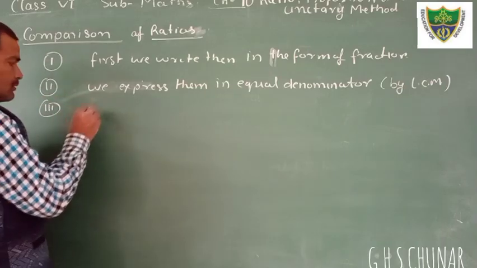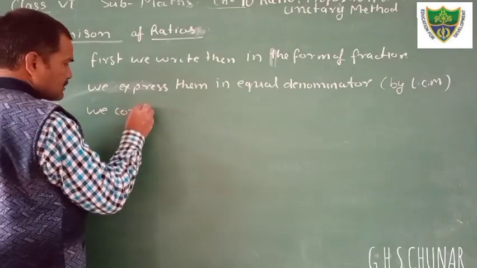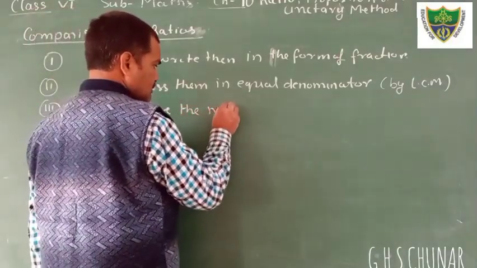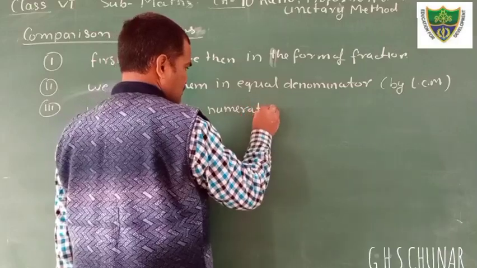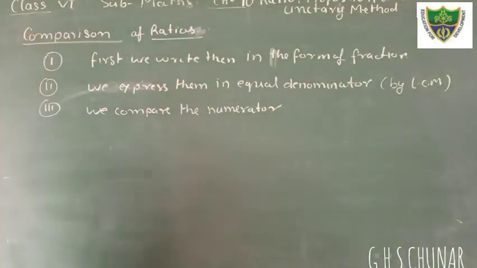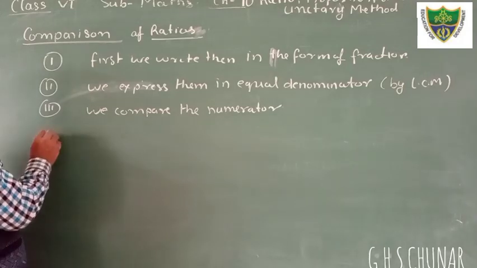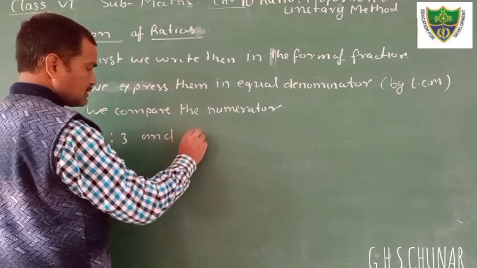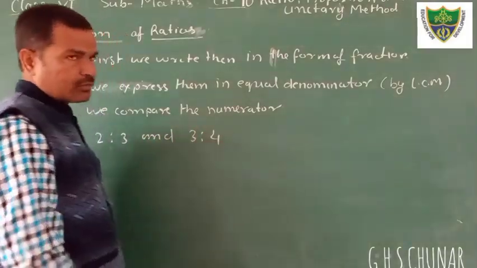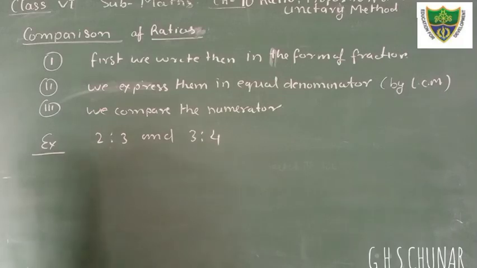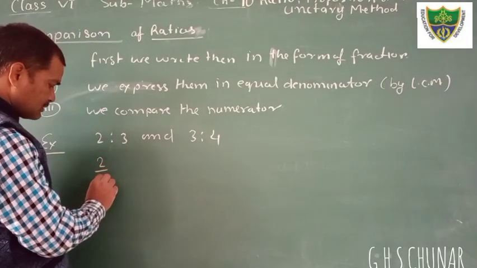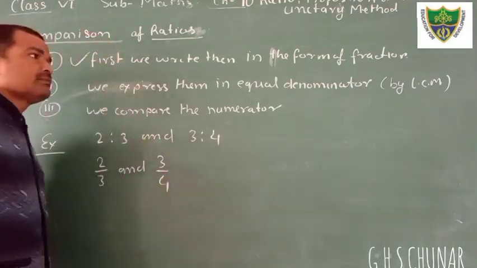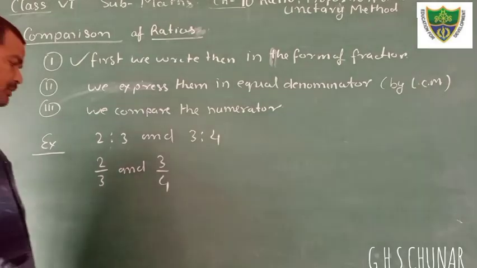Third, now we compare the numerators. Example, 2:3 and 3:4. Which is more or which is less? So we write 2 upon 3 and 3 upon 4. We write them in the form of fractions. Now we make equal denominators.